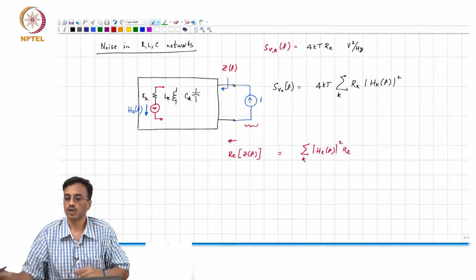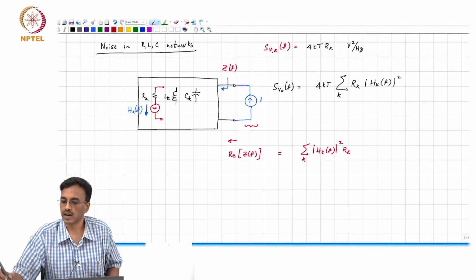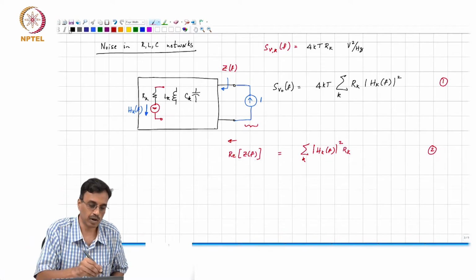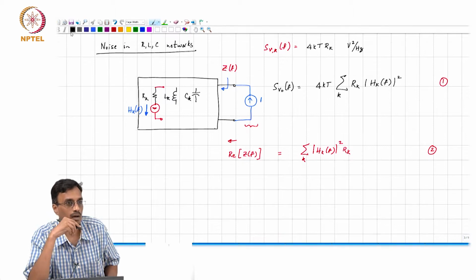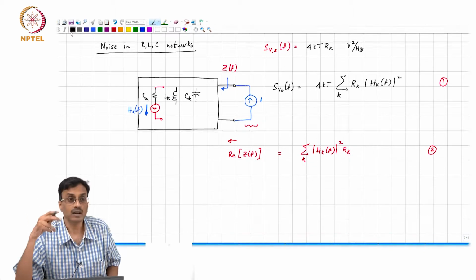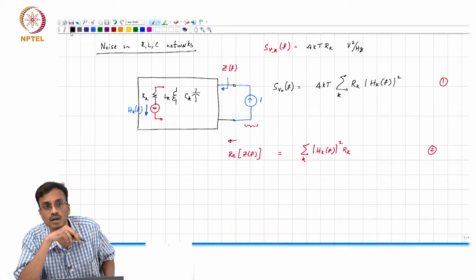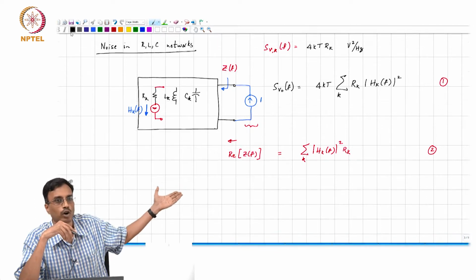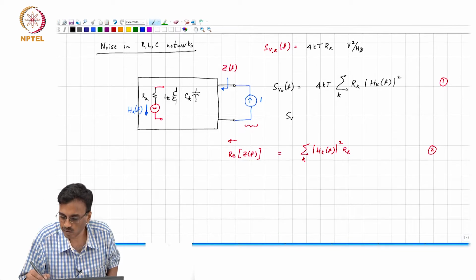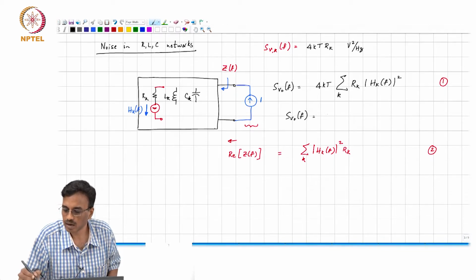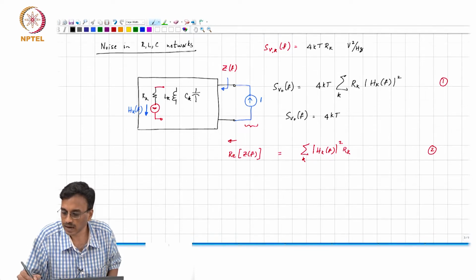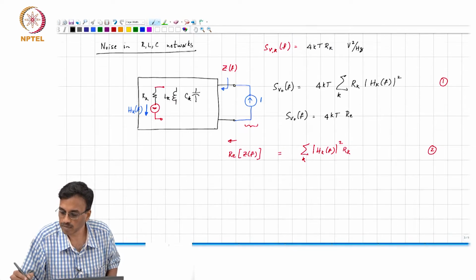Alright. So now can you stare at these two equations and tell me what conclusion you can draw from this? Pardon? Yeah, so what comment can we make about the output noise spectral density? So, SVO of f is simply, put 1 and 2 together, you get 4 kT times the real part of Z of f.